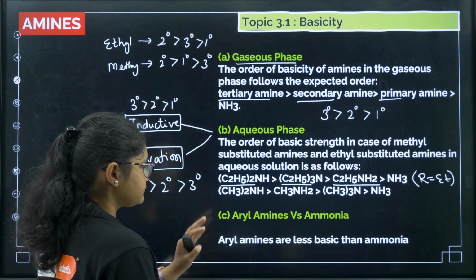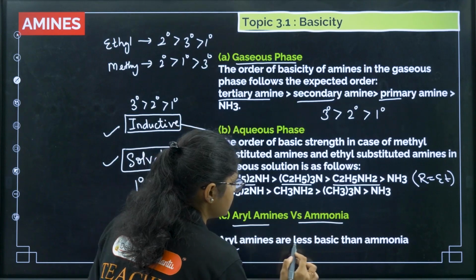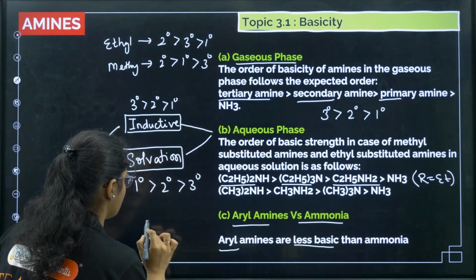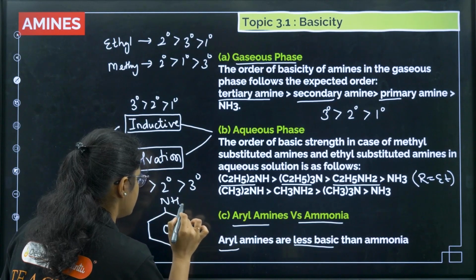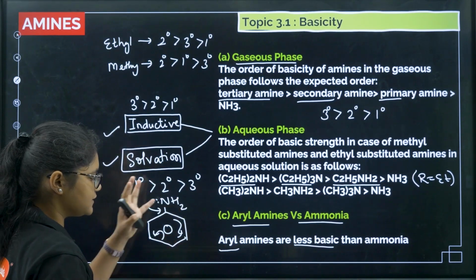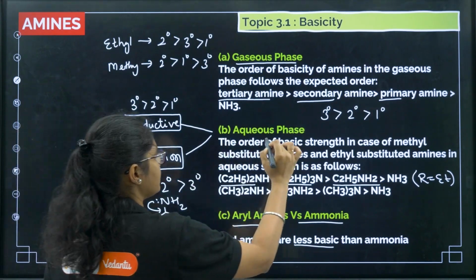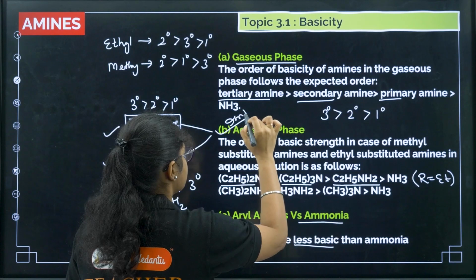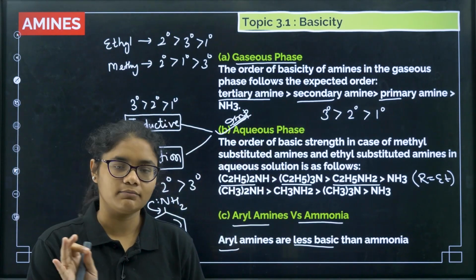Clear? Next, if you compare aryl amines and ammonia, aryl amines are less basic. Why? Because in aryl amines, with the NH2 group, the lone pair of nitrogen is involved in resonance. Because it is involved in resonance, the basicity decreases. So this point is very important. In aqueous phase, 2, 3, 1 for ethyl group, 2, 1, 3 for methyl group.